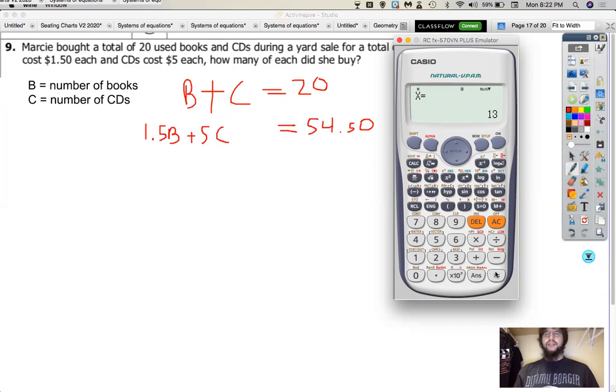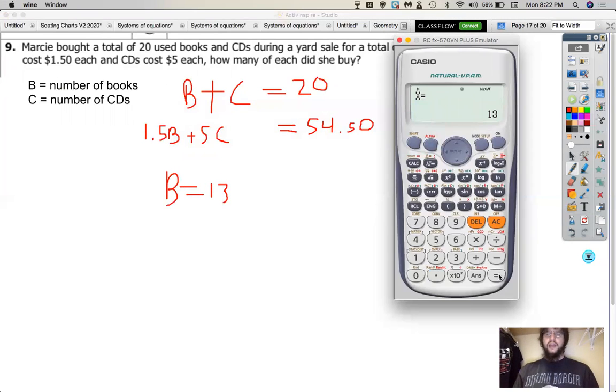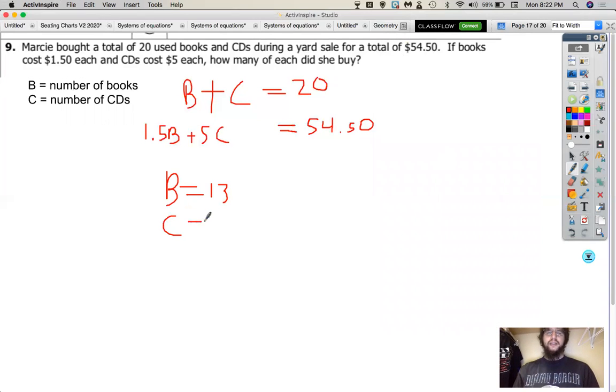And it'll give you x is 13. X is your first variable, so B. So B is 13. And Y is 7. Y is going to be my CDs. C is 7. Ta-da!